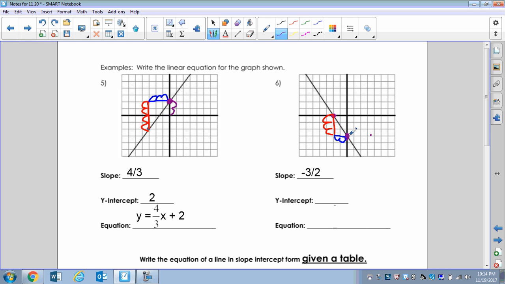And so I'm going to check that one by just counting down from the origin at 0, 0. 1, 2, 3. I end up at negative 3 because I counted down. And I have the wrong number there for you.